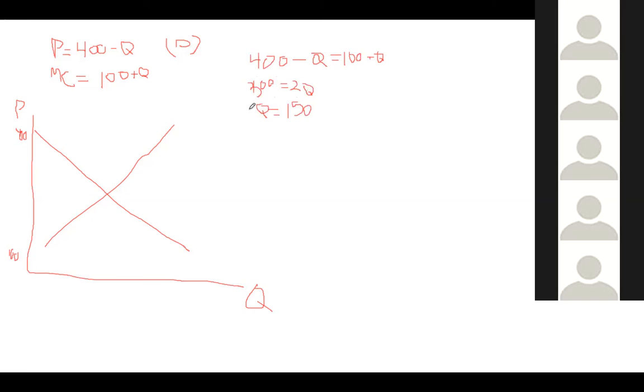Now to go from equilibrium quantity to equilibrium price, we just plug that back into our demand equation. So 400 minus 150, that's 250. And we've solved for equilibrium price and quantity before we start to account for pollution.